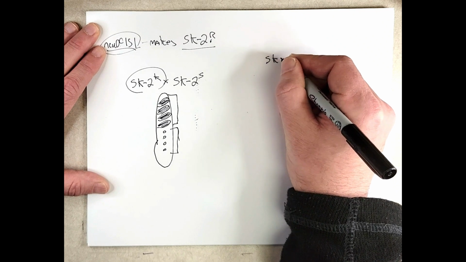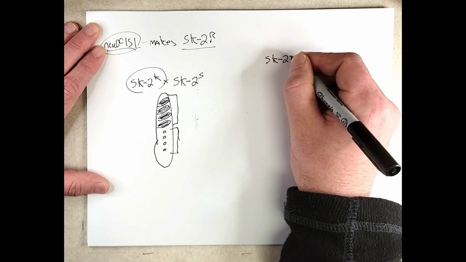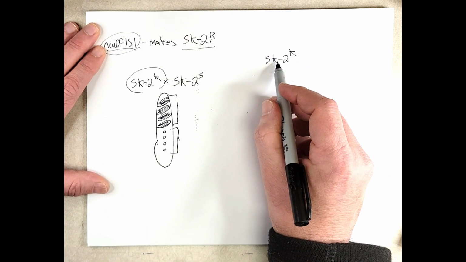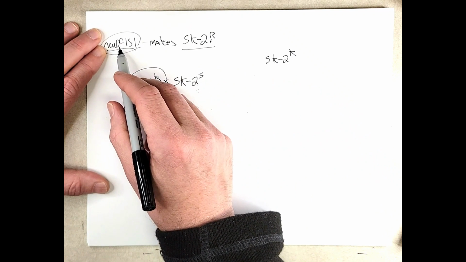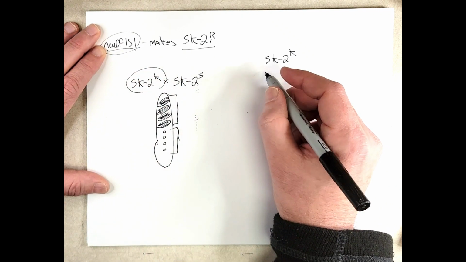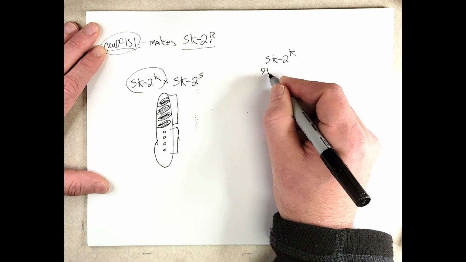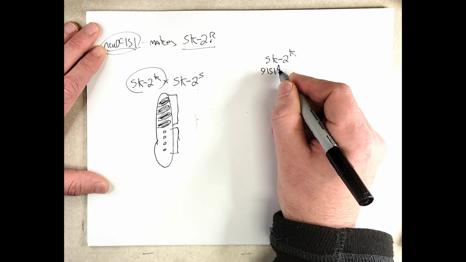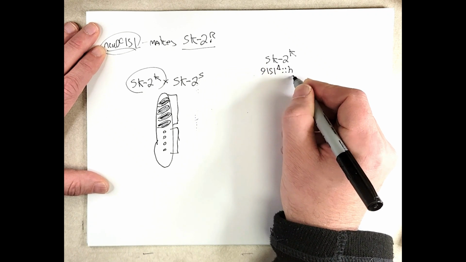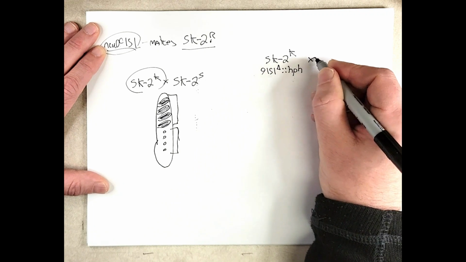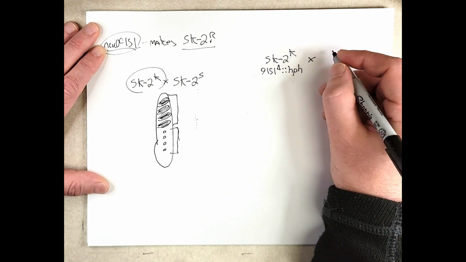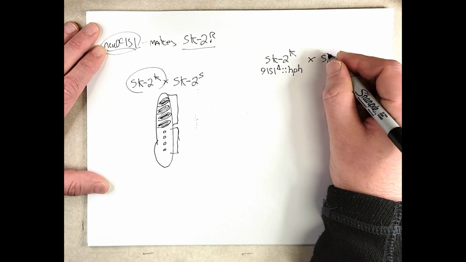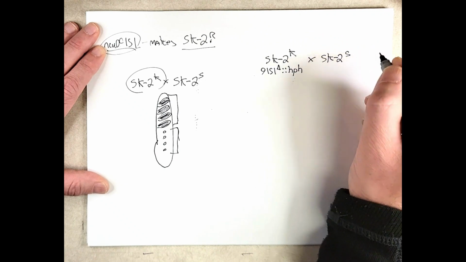And so what happens when you delete SK2K's allele of NCU09151 and cross that strain to SK2S?